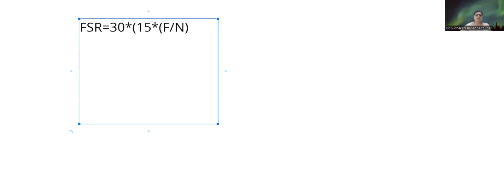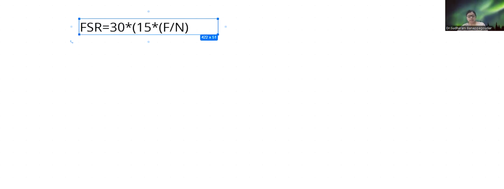So the last sub-matrix in the students' strength would be the financial resources and their utilization. So in the financial resources and utilization, that is FRU, 30 marks is the weightage. 30 marks would be the weightage for this.